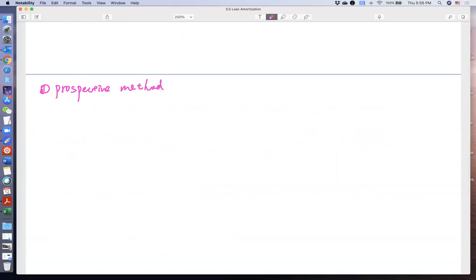The idea is very simple. We want to know the balance at time t, and the loan ends at time n. Since it's already after the payment at time t, there's nothing at time t now, and the next payment will be at t plus 1, which is X.